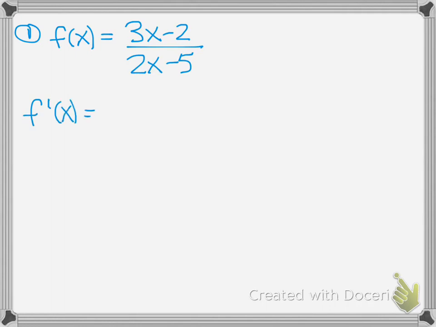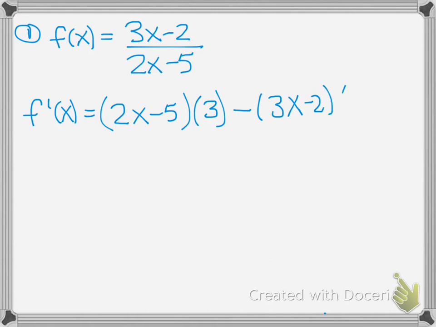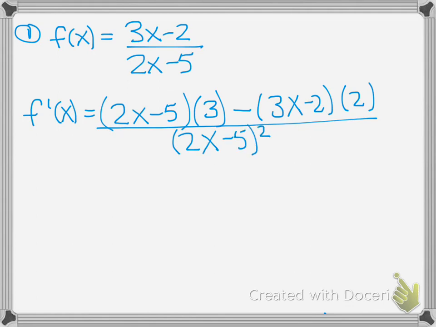Okay? So we're going to do a couple of examples here, and then we will be done. Number 1. f of x equals 3x minus 2 over 2x minus 5. Let's find f prime of x. Well, low d high. Well, the derivative of the top is 3, minus high d low, all over low low.